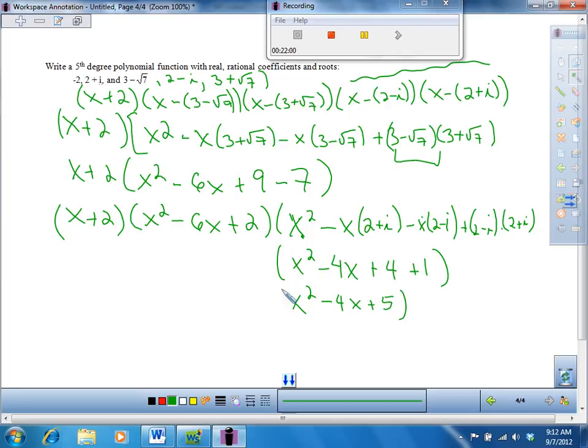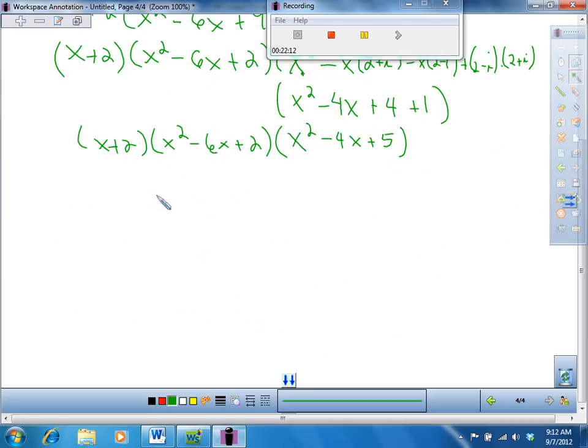Okay? And then I have to multiply that, x plus 2 times x squared minus 6x plus 2. And then you keep multiplying, which is a pain in the neck. Okay? But if you multiply all this together and then you multiply all this together, you come up with your polynomial. I'm not going to do it. Okay?